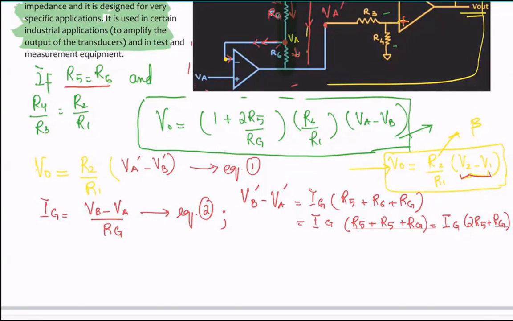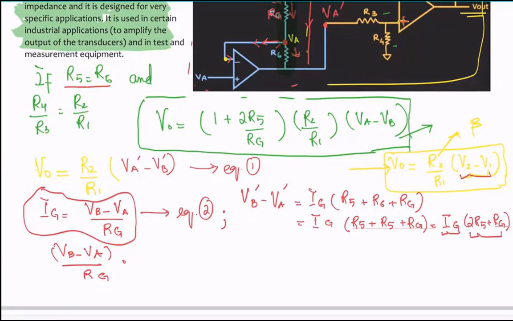Now, also what I could do here is VB minus VA over IG. So here I'm actually replacing IG with this equation, right? So IG is VB minus VA over RG. Okay. And then I have 2R5 plus RG.